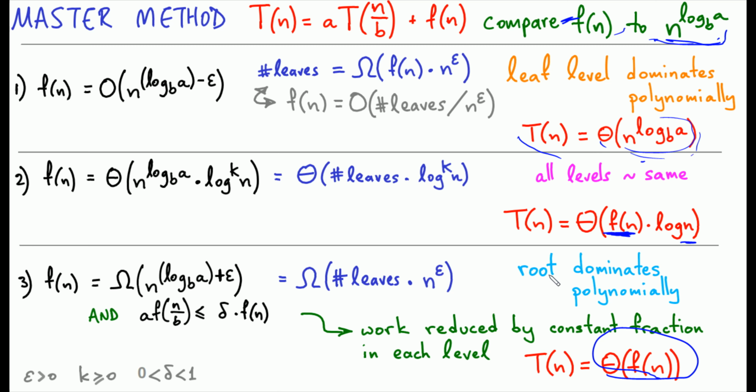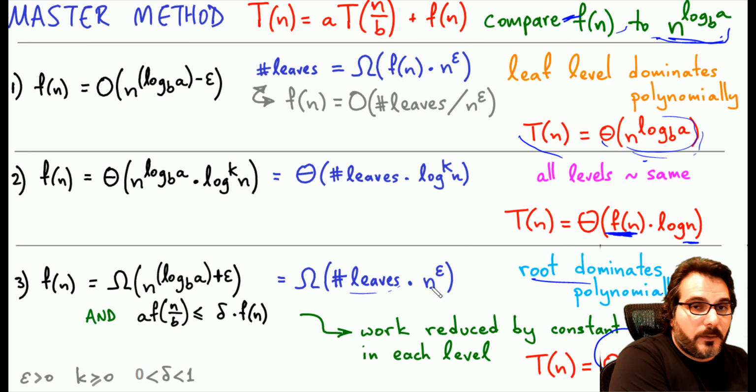So we briefly talked about the technicality of the cases. If the root dominates, basically you're saying the leaves can be lower bounds, but from the formulation there is some negligible epsilon value, right?